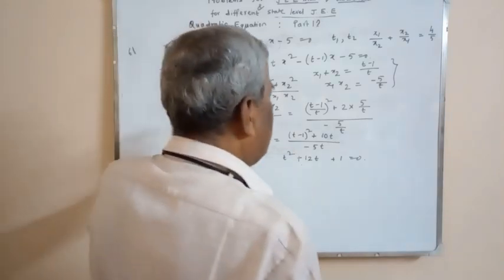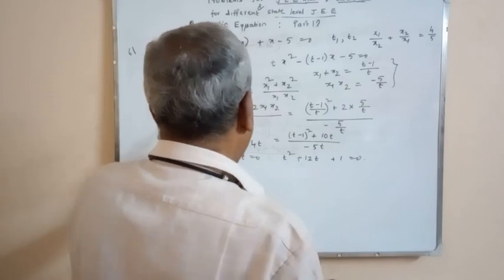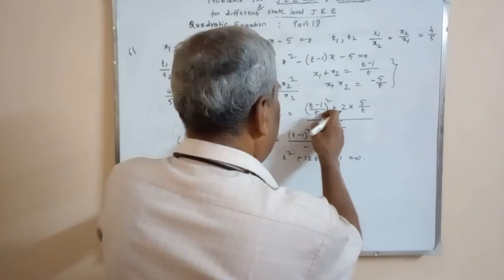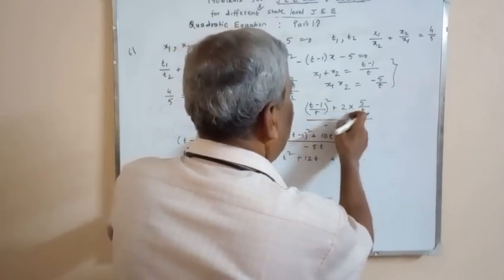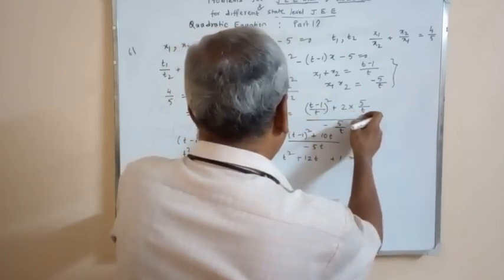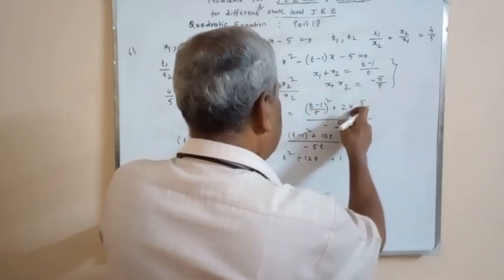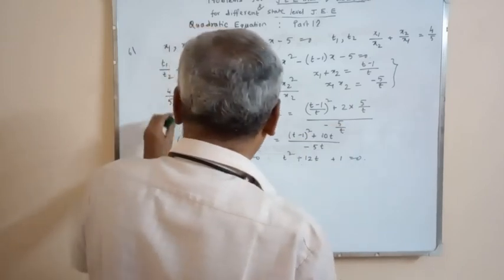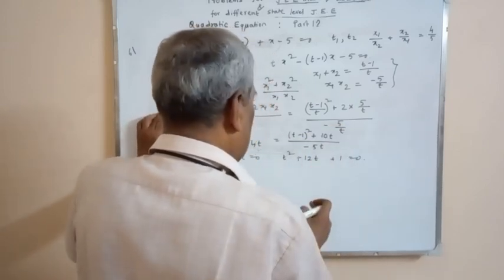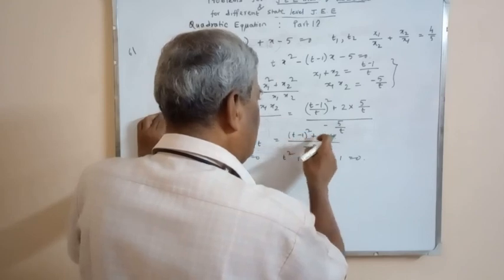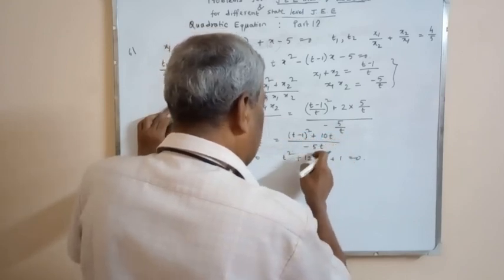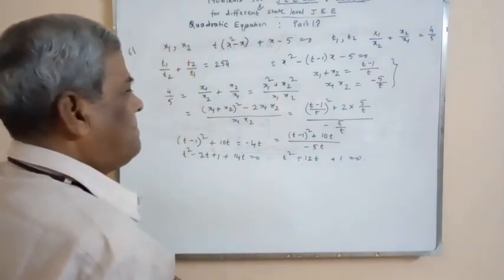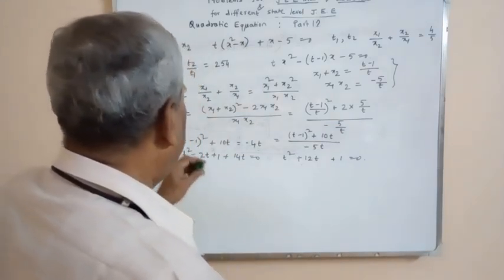I think I have made a mistake somewhere in the calculation. Anyway, let us check it first. Minus minus plus by, this is minus, so that 5 cancels, 10t by minus 5t.